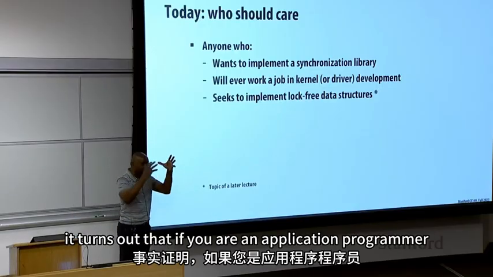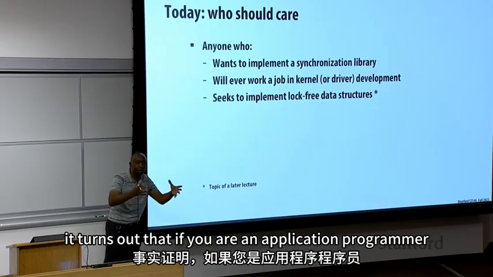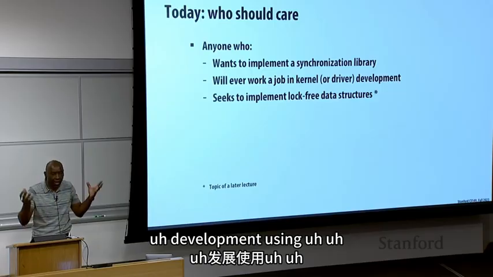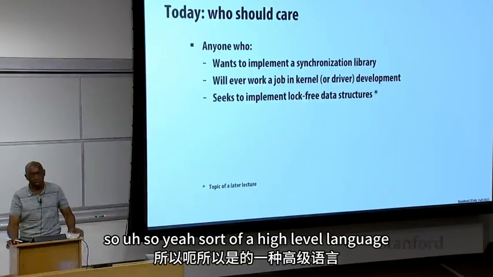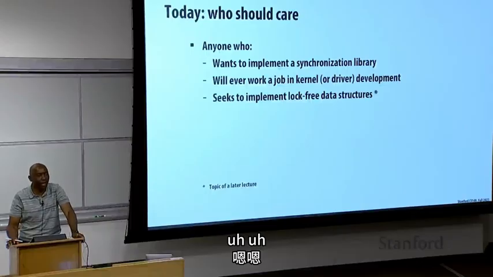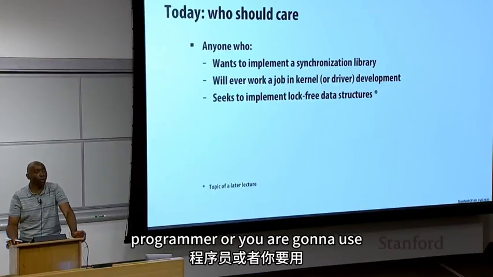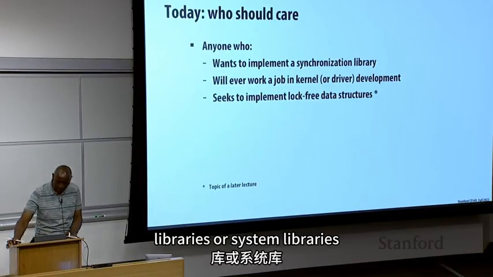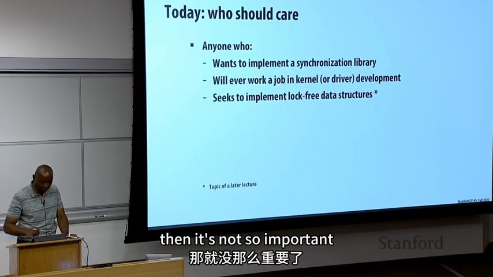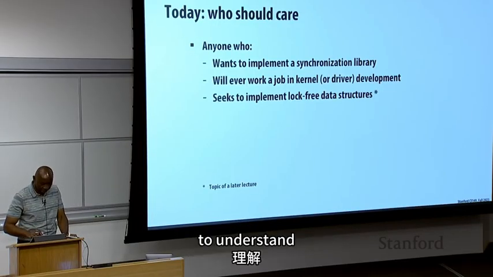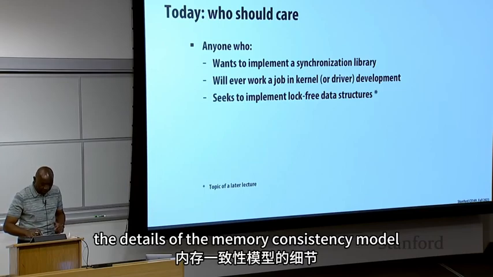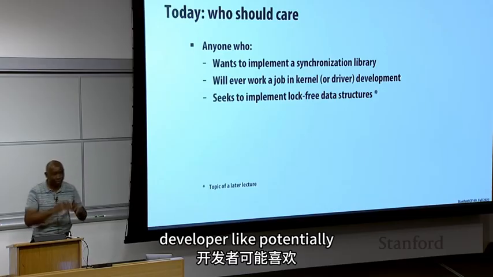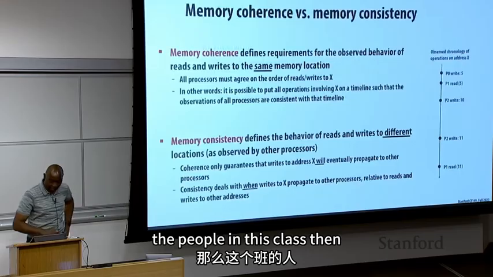If you are an application programmer who develops in a high-level language, or you use kernel libraries or system libraries, then it's not so important to understand the details of the memory consistency model. But if you're a low-level system developer, like potentially the people in this class, then it's important to understand.